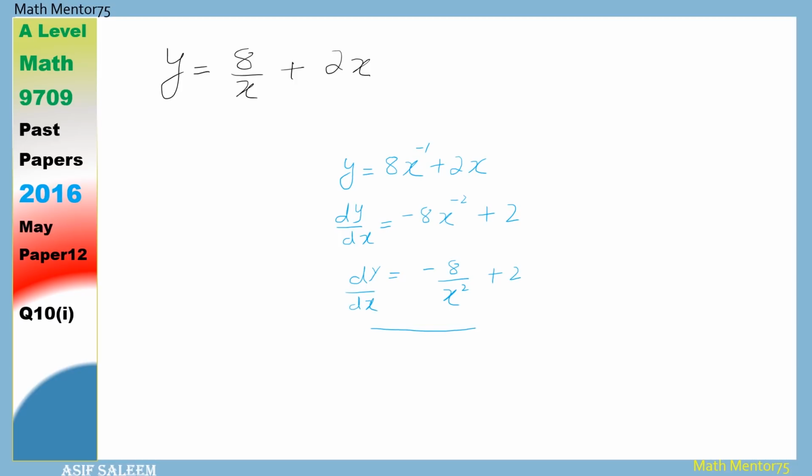Now we have to differentiate it again to find out the second derivative. For that, I'm using this expression, d squared y over dx squared, that is the second derivative: minus 2 times minus 8, that would be 16. Reduce the power by 1, minus 3. Derivative of constant is 0.